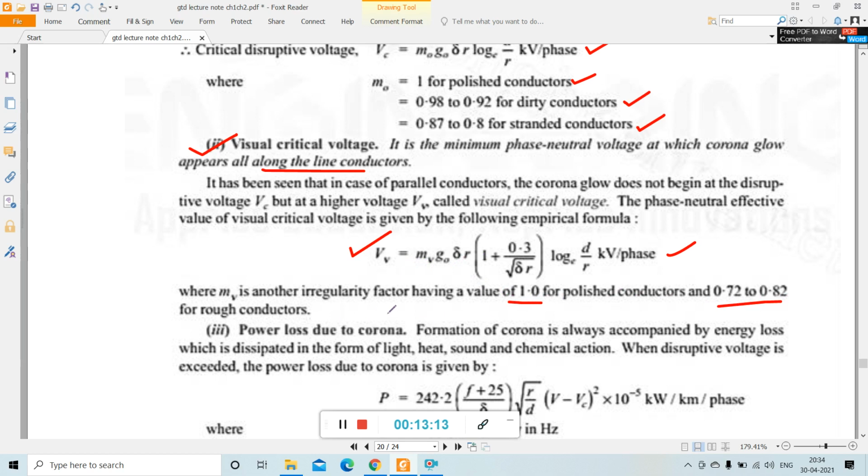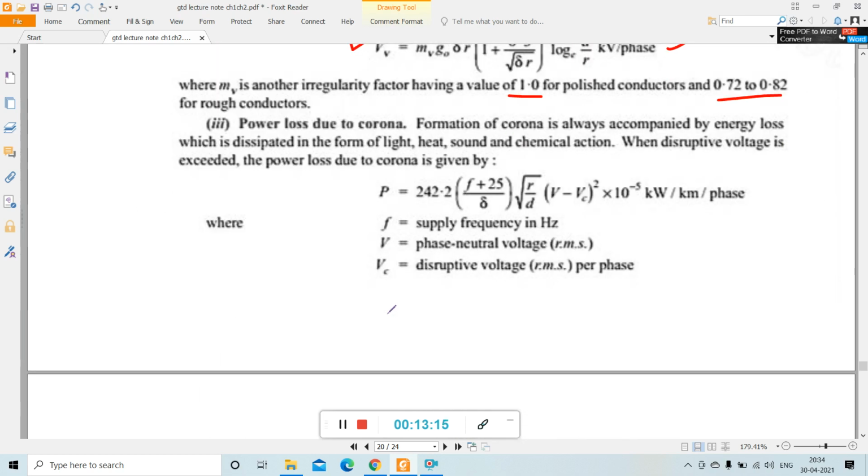Okay, so the next term is the power loss. I already told you in the definition of corona that there is a power loss in the form of light, heat, sound, and chemical action.